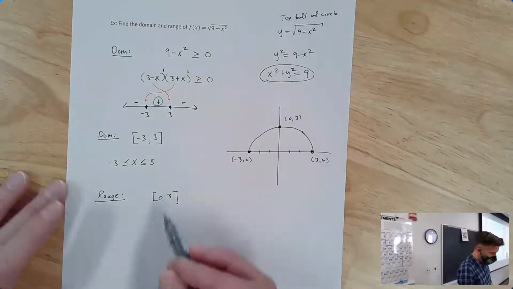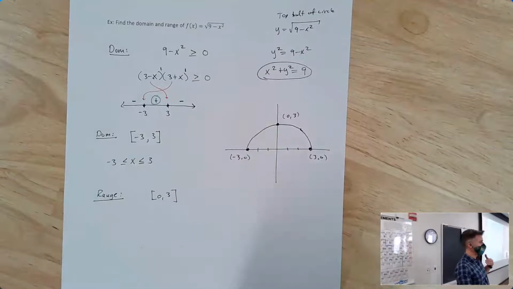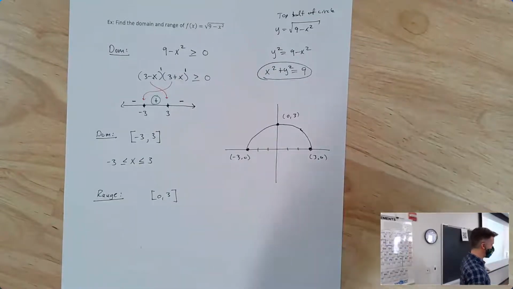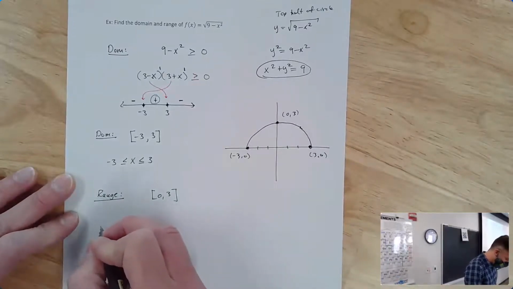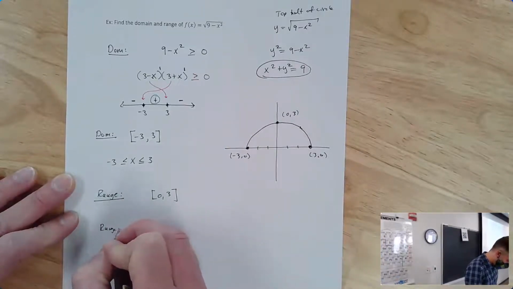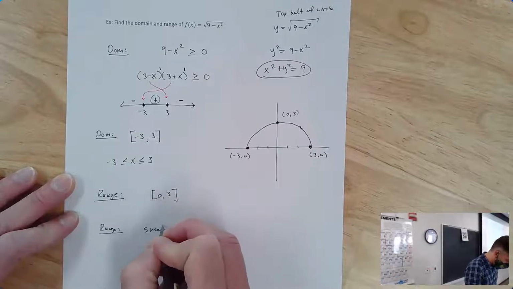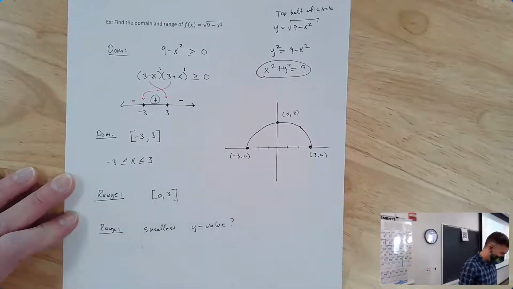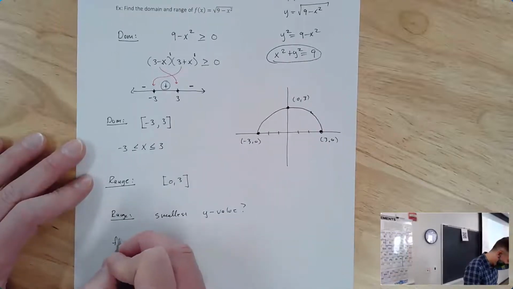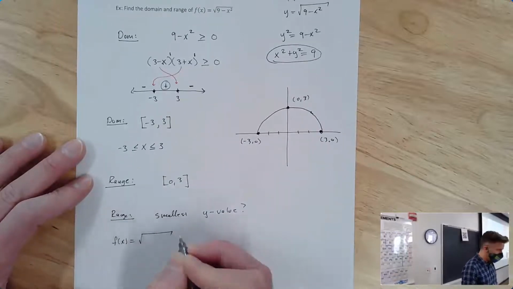Okay. Another way you could figure this one out without graphing it, but it would also without being able to find the inverse, because you can't really find the inverse here. So you can talk about the range just as, okay, what's the smallest y value we can get? Well, we already know the answer, right?